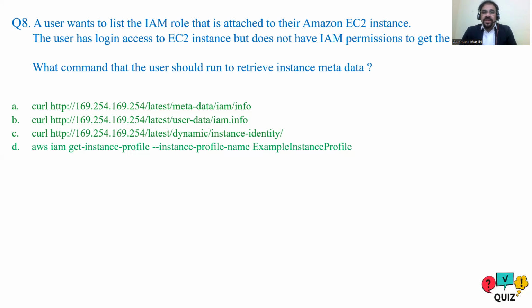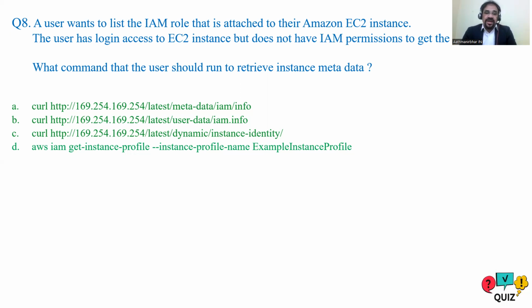But your job is to retrieve the instance metadata, the details of that virtual machine. Which command will you run here? So there are 3 answers, A, B, C, that belong to one category. Answer D is another category. The option A, B, C commands are curl commands, which work in Linux-based virtual machines.